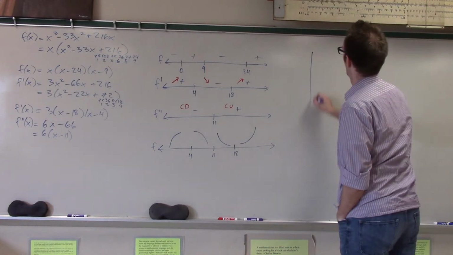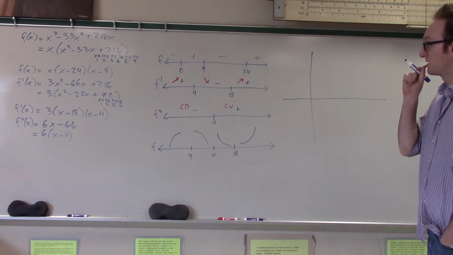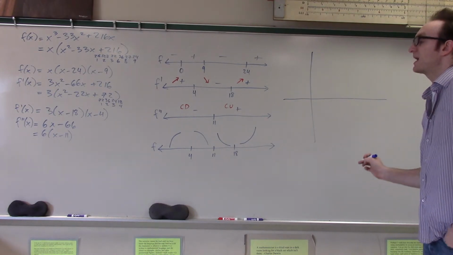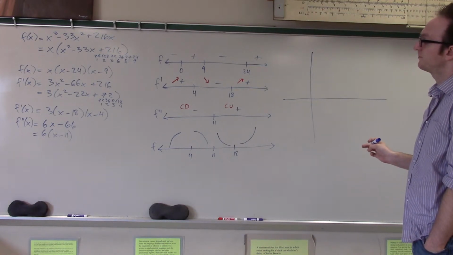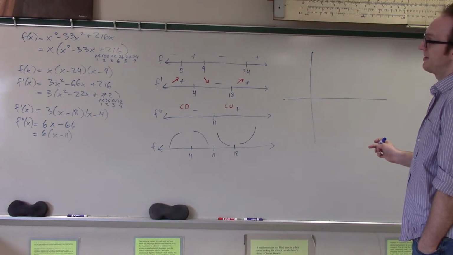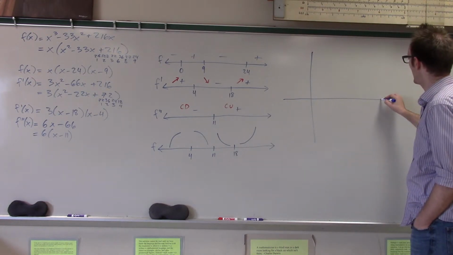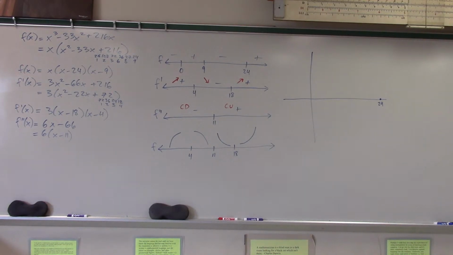So what does this function look like? Well, some of these numbers are going to be quite big, so I'm not going to waste time plugging these numbers for 11 and 18 into my function. But I do know that way out here at 24 is a root.